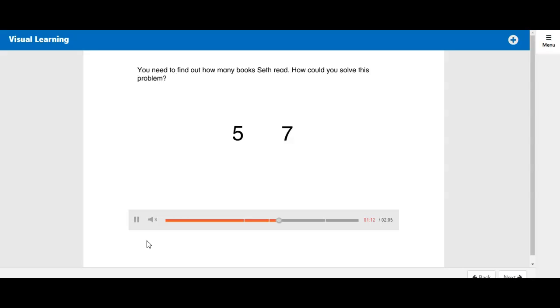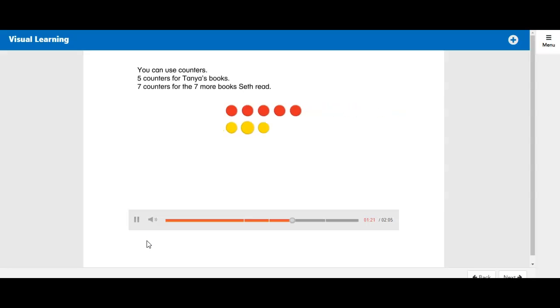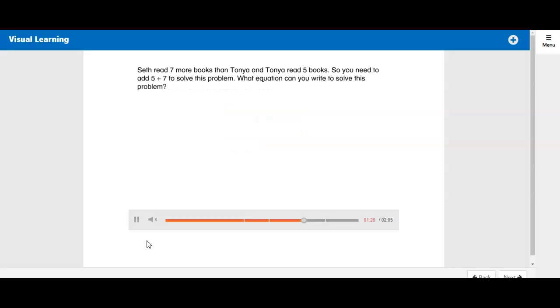How could you solve this problem? You can use counters. 5 counters for Tanya's books, 7 counters for the 7 more books Seth read. There are 12 counters in all. Seth read 7 more books than Tanya, and Tanya read 5 books. So you need to add 5 plus 7 to solve this problem.